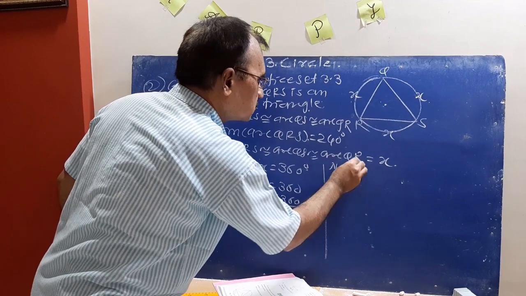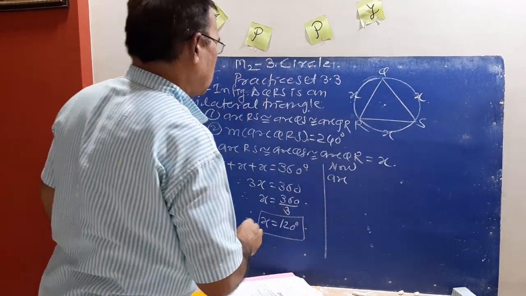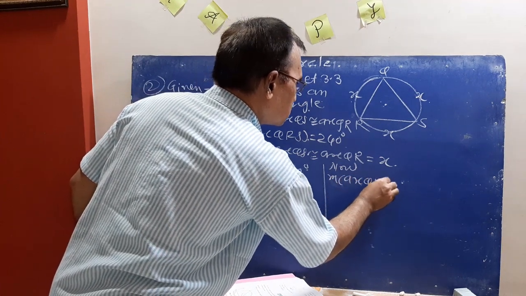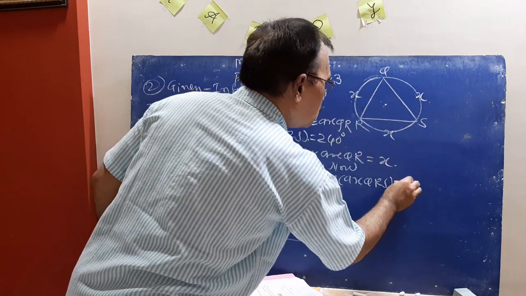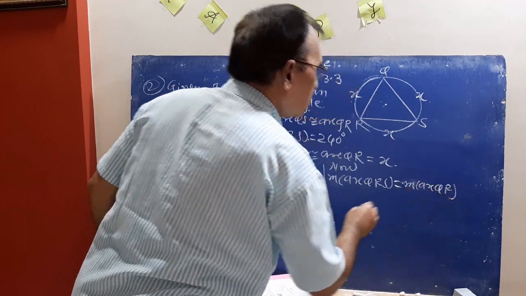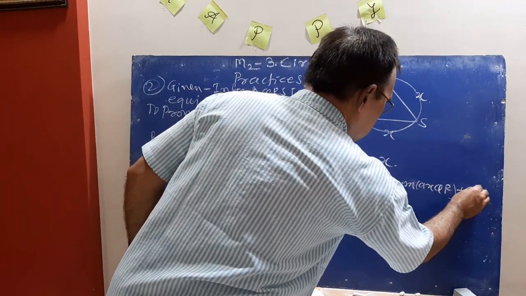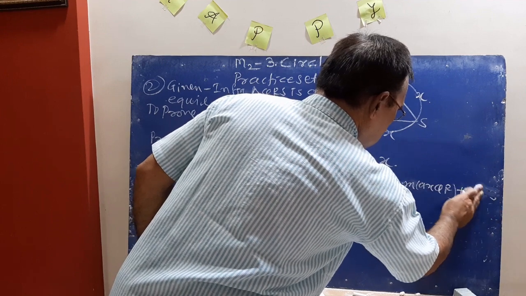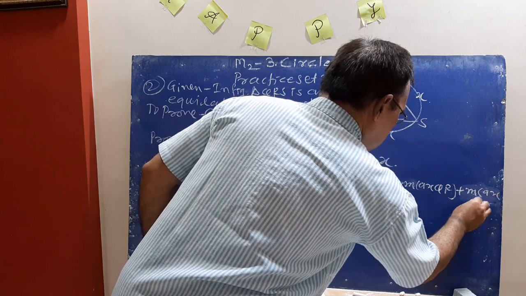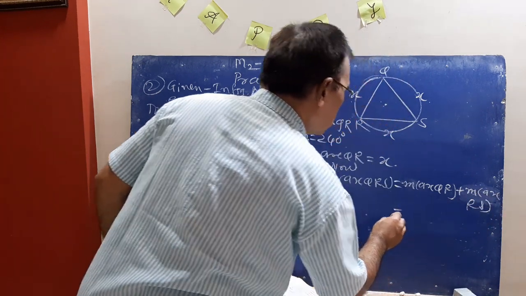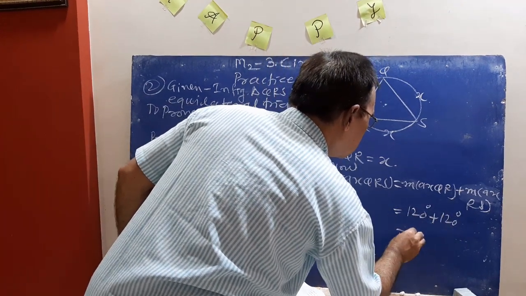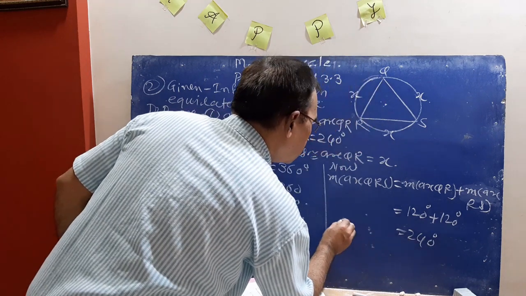Now measure arc QRS is equal to arc QR plus arc RS, which is equal to 120 plus 120, which is 240.